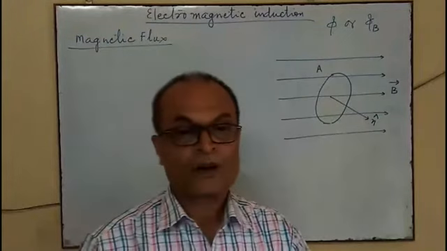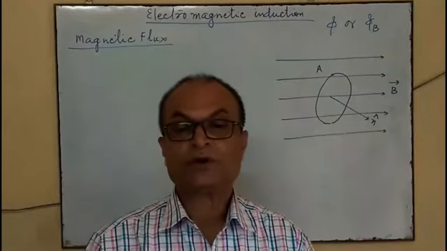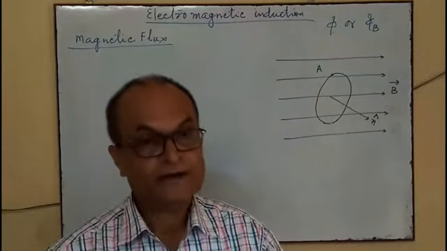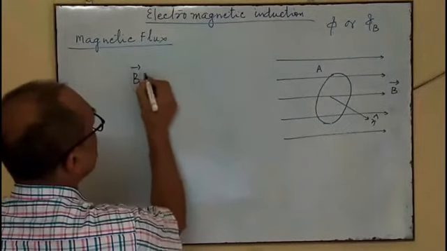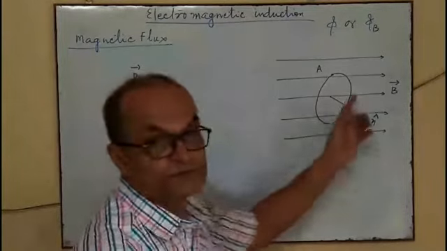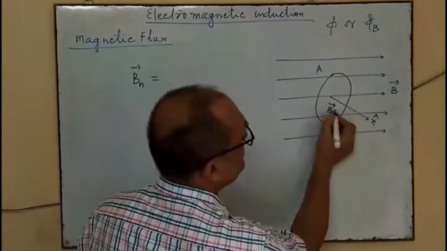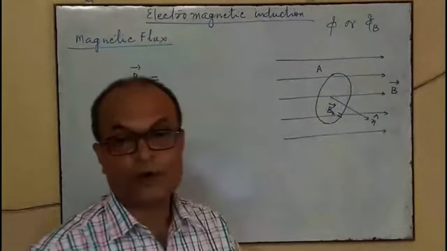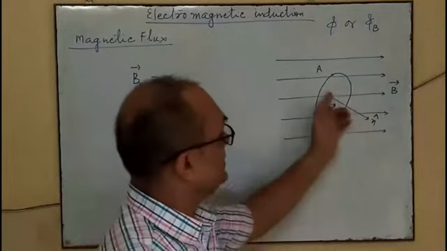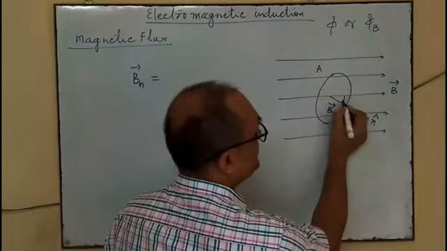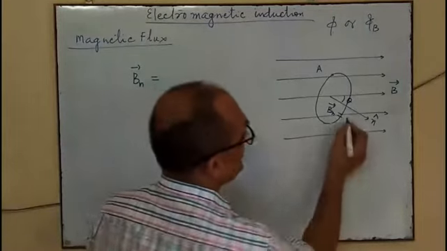Then the component of magnetic field in the direction of the normal to the area A will be Bn, in this direction. This will be equal to the component of B in this direction. This angle is theta. Then Bn will be equal to B cos theta.